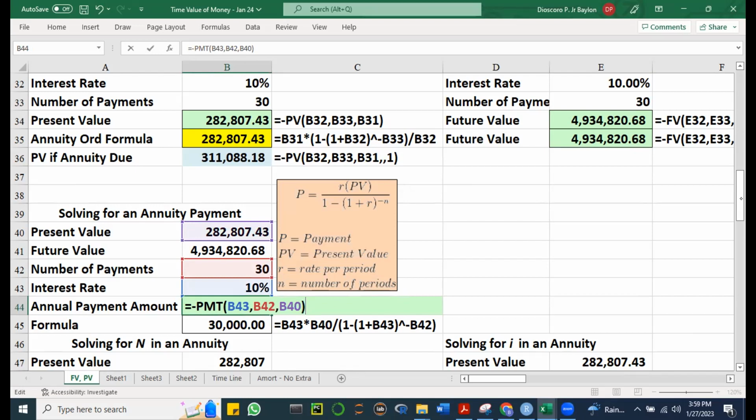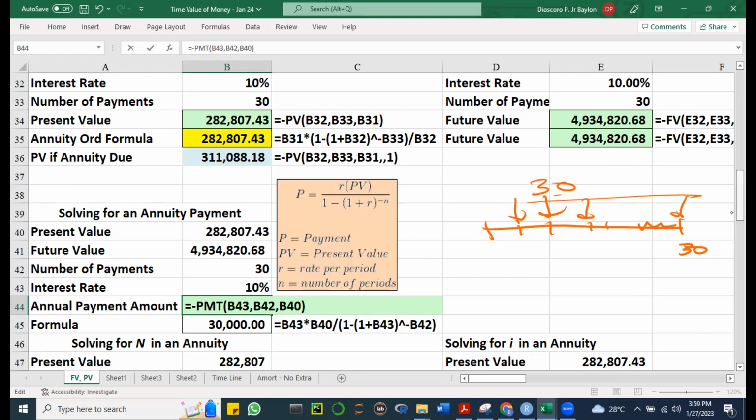The cash flow is an annuity: 30 years, 30,000 each year until the end. What we did was get the equivalent of 30,000 for 30 years at 10%.